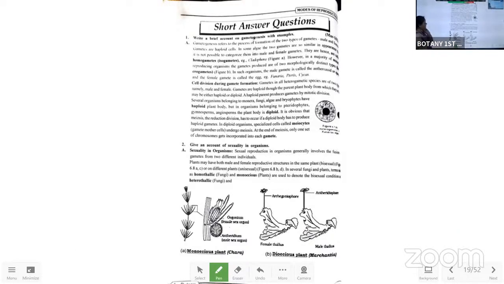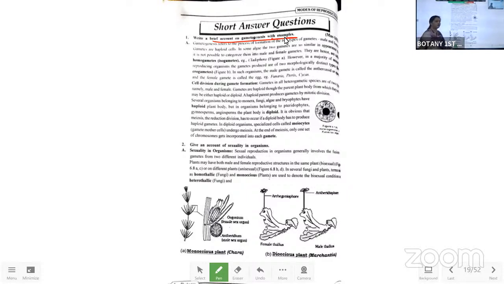In chapter 6, the first question is: give a brief account on gametogenesis with example. Gametogenesis means when the gametes are formed from the plant body.